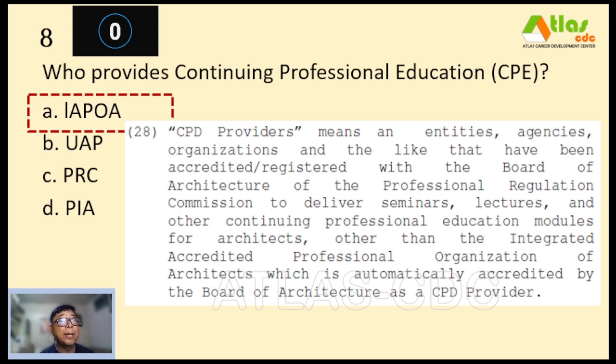CPD providers are entities, agencies, organizations, and the like that have been accredited, registered with the Board of Architecture of the PRC to deliver seminars, lectures, and other continuing professional education modules for architects, other than the PRBoA, which is automatically accredited by the Board of Architecture as a CPD provider. Okay? So what is written here is only the PRBoA as automatically accredited, and the UAP now is the PRBoA.